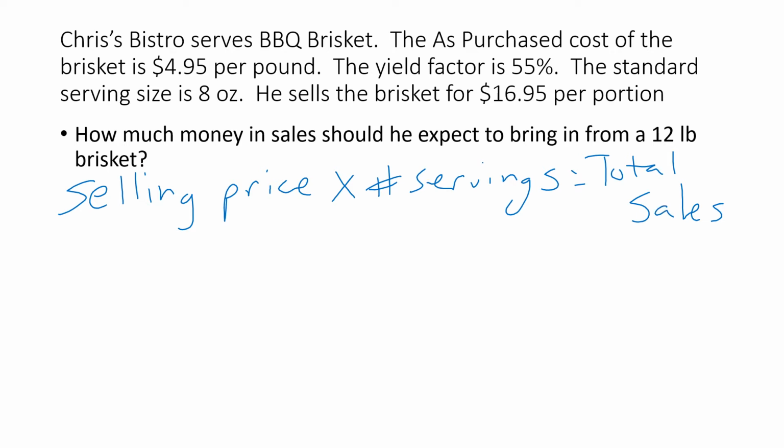All right, so now let's plug in our numbers. Marina, what's our selling price? $16.95 per portion. Okay, we're multiplying by how many servings, Victor? 13.2 servings. Caleb, what do we get?